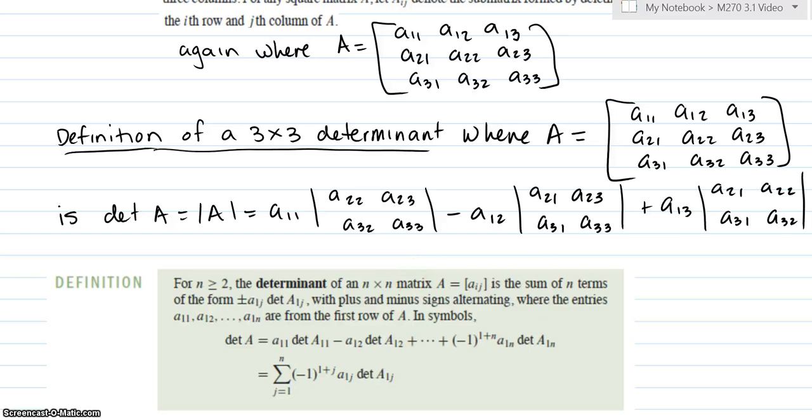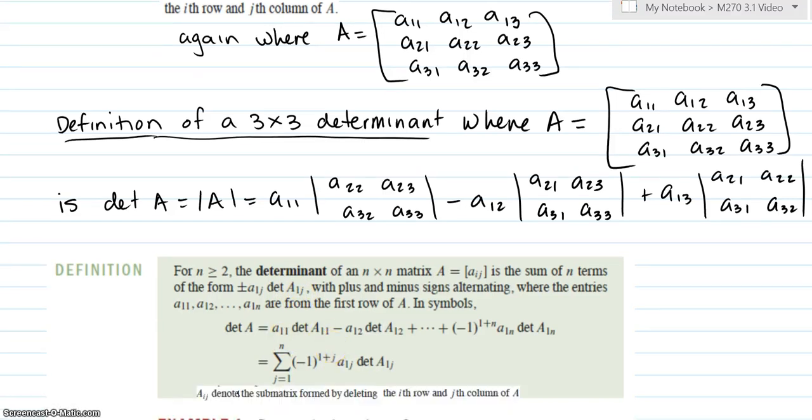It is the sum of the n terms where you have A1j, so this would be A11, A12, A13 for a 3 by 3, and you would keep on going if you have larger, times the determinant of A1j, right?